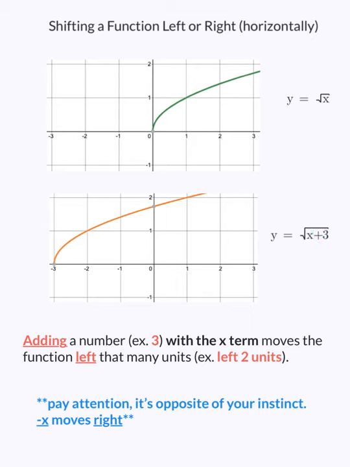When I have a plus 3, it moves my function 3 units to the left. So again, pay attention because this is the opposite of your instincts. And actually, I just noticed a little error. This should say a positive x moves left.